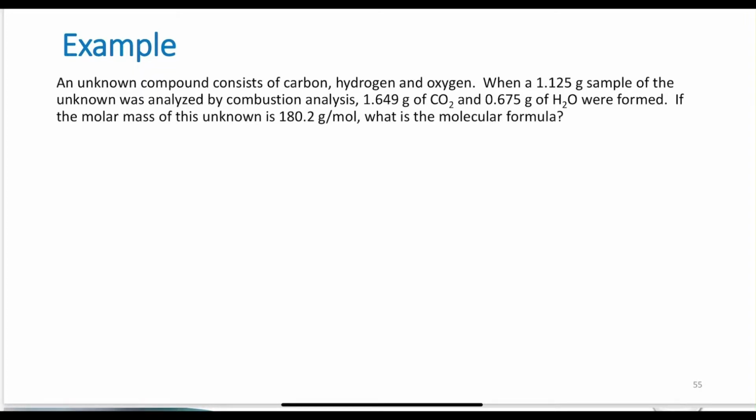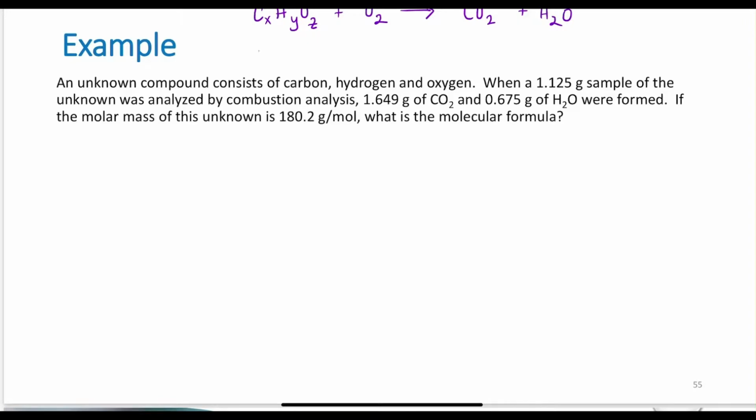In combustion analysis, again, we've learned about this, but in combustion, we know that we've got some kind of carbon, hydrogen, in this case, carbon, hydrogen, oxygen containing compound. It reacts with oxygen and it forms CO2 and water.